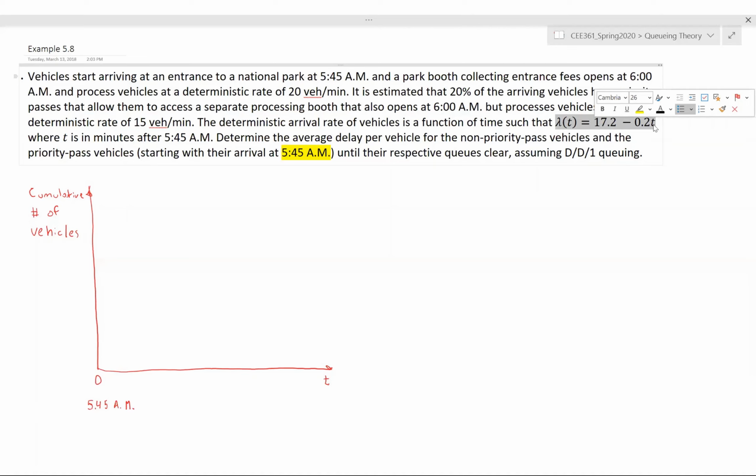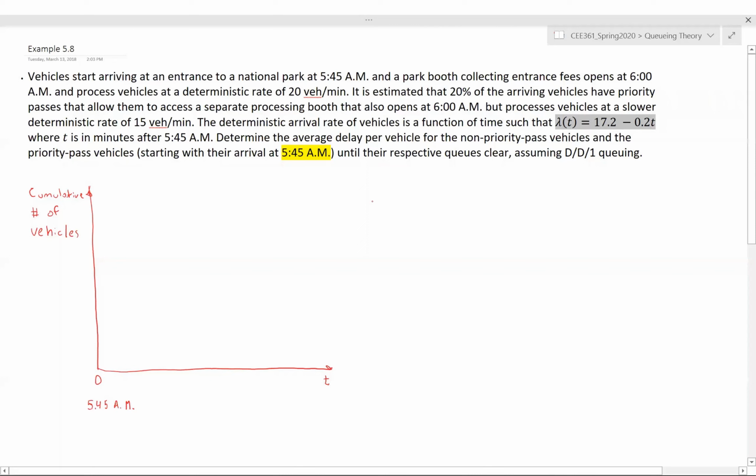So the first thing you have to figure out is how many vehicles arrive of each. Basically, this is like having two queuing problems at once. You're solving one problem for priority pass holders and a different problem for non-priority pass holders. I did it just for the non-priority pass holders, and you can look at the priority pass holders solution in the textbook. Let me characterize what the lambdas are going to be.